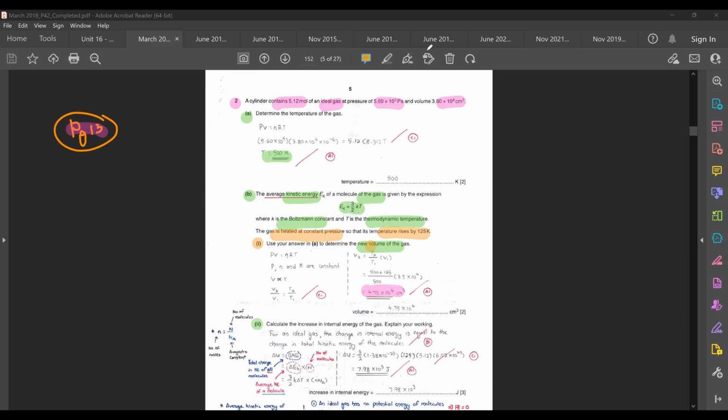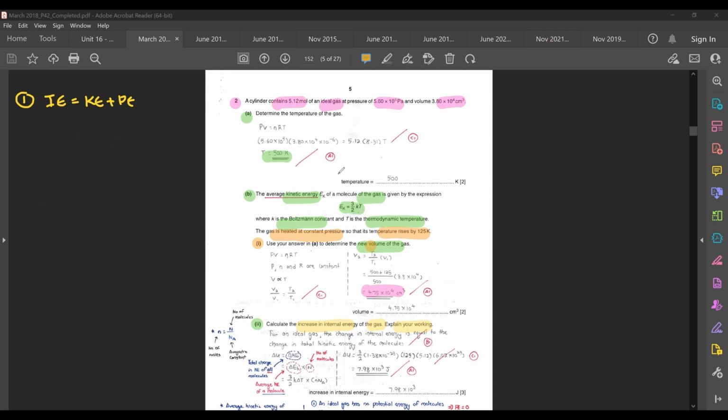In the next question, they ask you to calculate the increase in internal energy of the gas and explain your working. Okay, so what is the increase in internal energy of your gas now when your ideal gas was moving from state 1 to state 2? So right now, let's just consider a few things. If you recall, the definition of internal energy is the sum of your kinetic energy plus your potential energy.